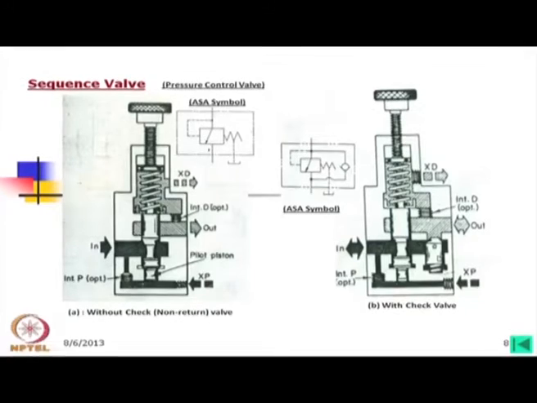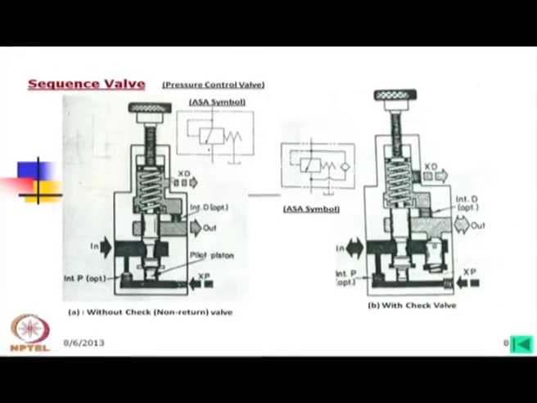Due to the introduction of this check valve, this allows flow from the other side also. In this case, flow is only from one direction, may be regulated pressure, may be regulated flow. In this case, if the flow is coming from the other side, then this will operate this check valve and flow can go out.